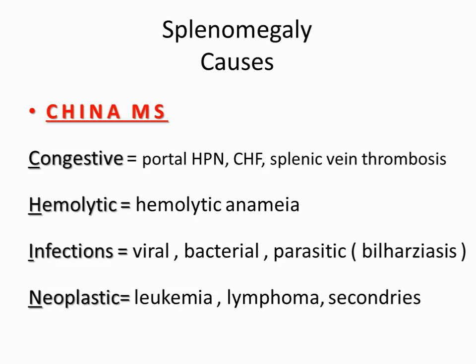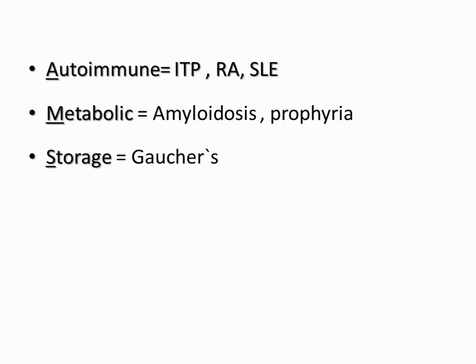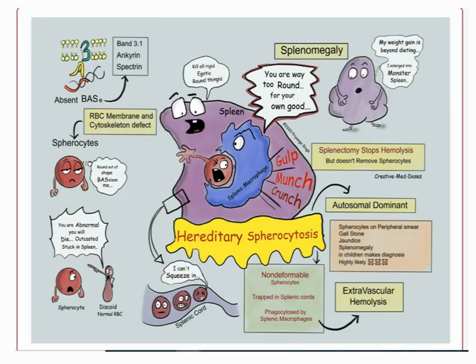I for infections. N for neoplastic: leukemia, lymphoma, secondaries. A, autoimmune. M, metabolic: amyloidosis, porphyria, and S, storage diseases like Gaucher disease. We will take the hemolytic hematological causes of splenomegaly today.